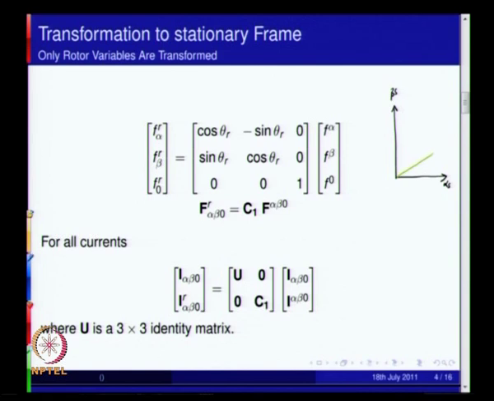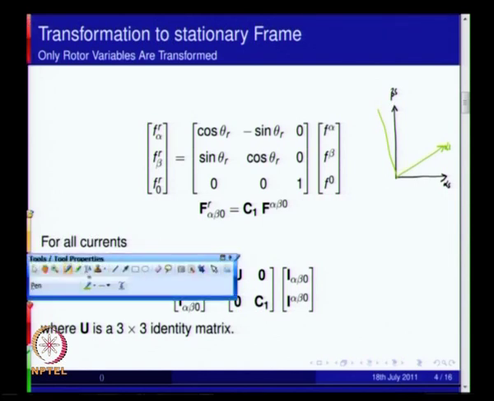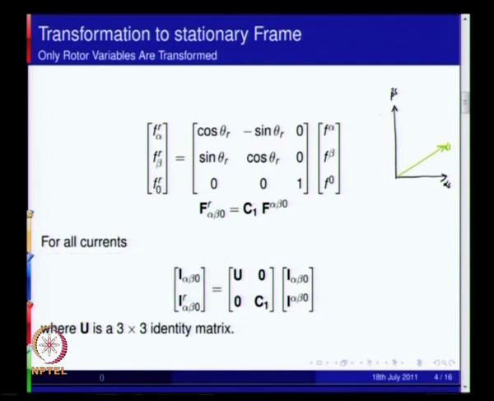Let me draw the rotor axis here, this is alpha r, and you have a beta r here. Let me rectify that line. Okay, beta r, and the rotor generates an MMF.